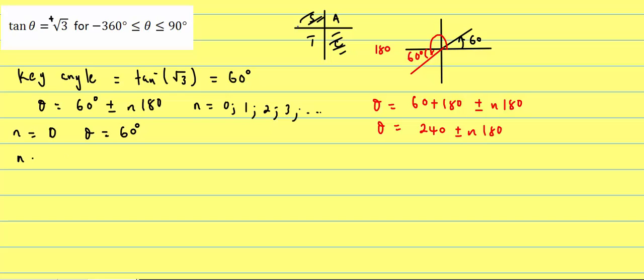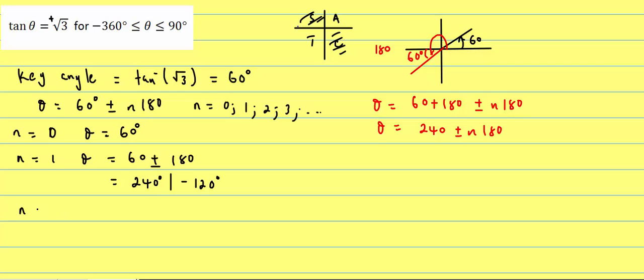When n is equal to 1, theta is going to be equal to 60 plus or minus 180 degrees, so when it's 60 plus 180 degrees, you'll get 240 degrees, and the other one is going to be 60 minus 180 degrees, giving us negative 120 degrees.